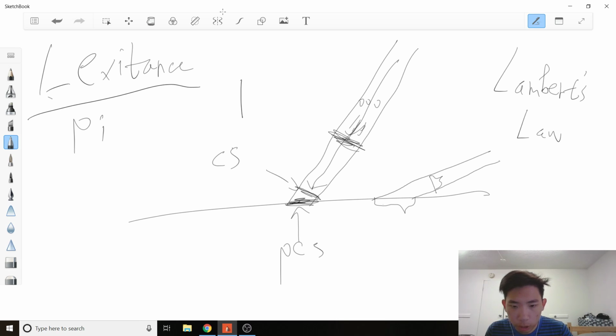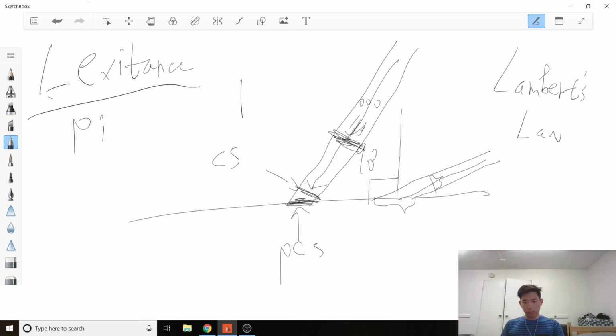trigonometry here, right? Let me define the angle theta here. Say the light ray is coming in this way. This is the light ray direction, and this is the incidence line, which is perfectly 90 degrees.